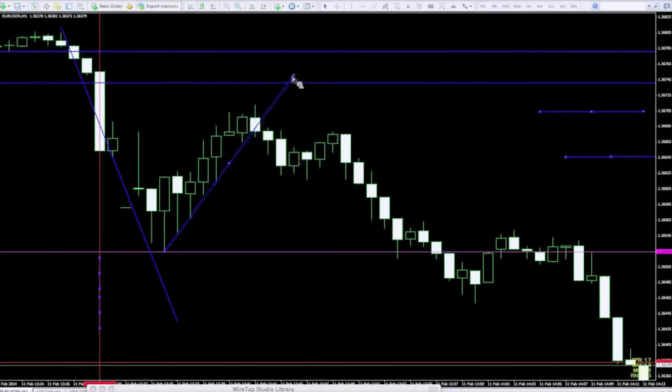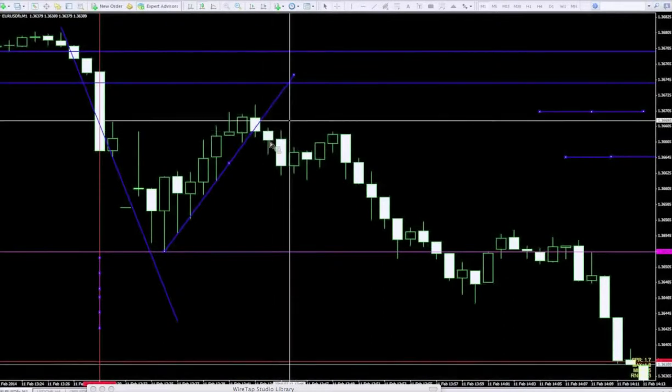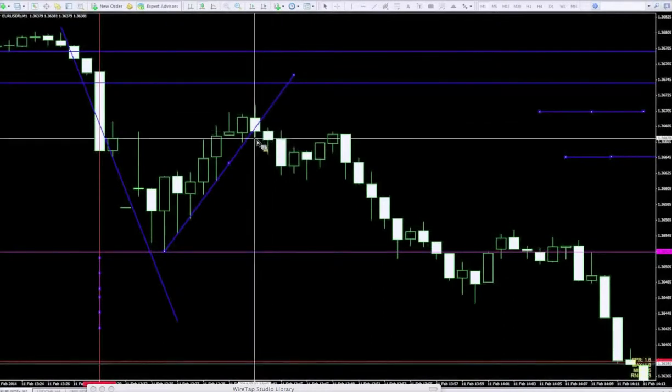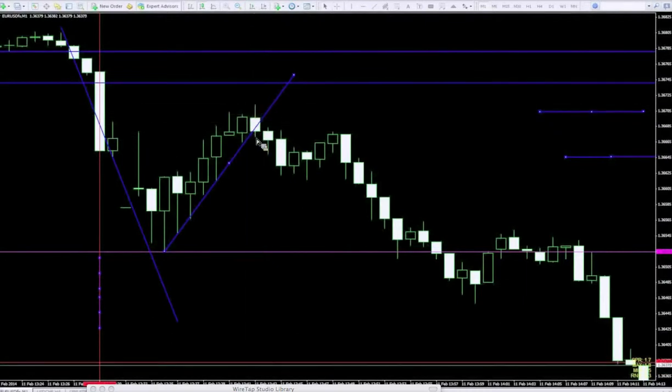But what you're looking for is a break of the trend line. So on the break of this trend line, we can enter short at the open of the next candle, is one method. We can enter short one tick below the low of the candle that broke the trend line, is another method, with our stop loss at this high. Are there any questions there?